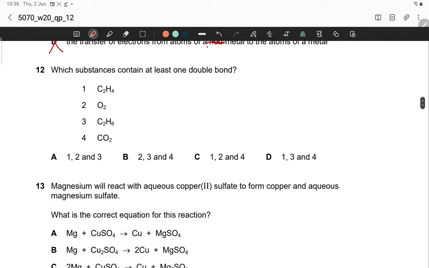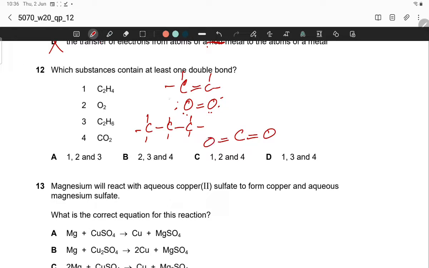Question number 12. Which substances contain at least one double bond? C2H4 has one double bond. O2 has one double bond. C2H6 has no double bond. Carbon dioxide has two double bonds.